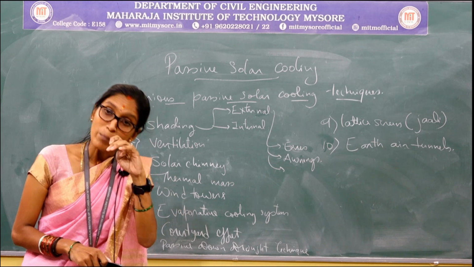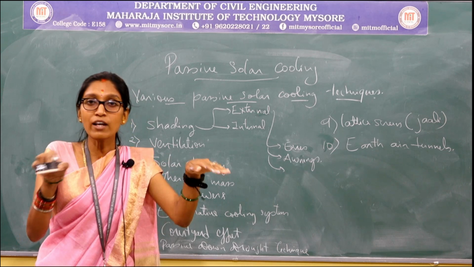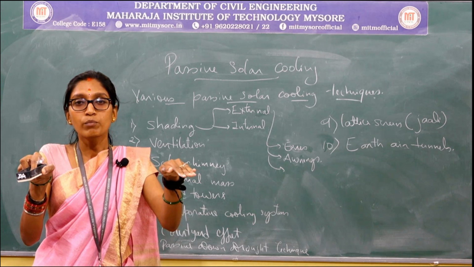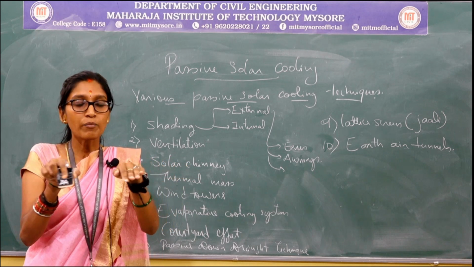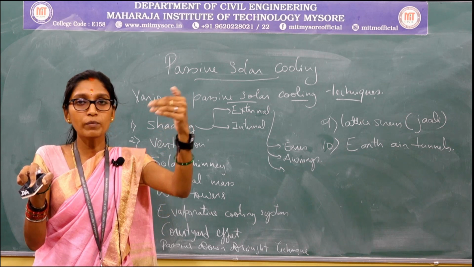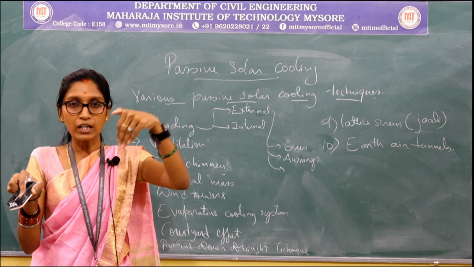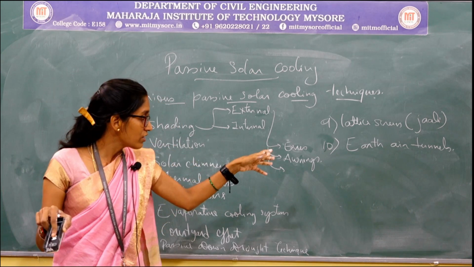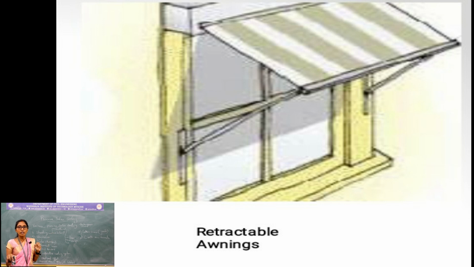These are rectangular projections made up of strong materials which will not allow the heat into a particular building. You can see the image popping out at the left side of me and how eavings exactly look and how they are installed.